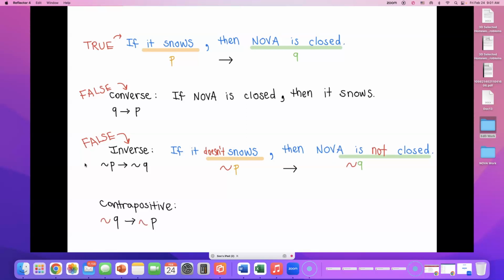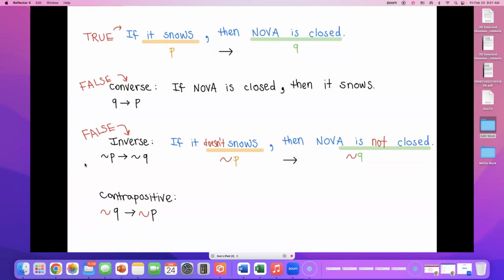So not Q implies not P. So here is the last contrapositive. Look, if Nova is not closed, oh, I have to go, baby woke up. All right, I'll just write this and I'll go. Then it doesn't snow.